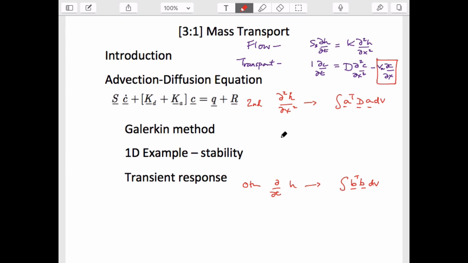What we haven't dealt with is the term for a single-order partial differential in space: 2nd order in space, 1st order in space, 0th order in space. It looks something like B transposed A times V, though I can't remember exactly. So shape functions, derivatives of shape functions, and velocity as the multiplier. That's kind of the punchline.